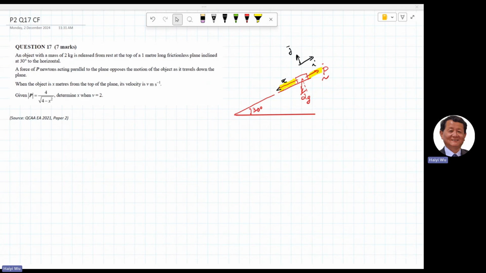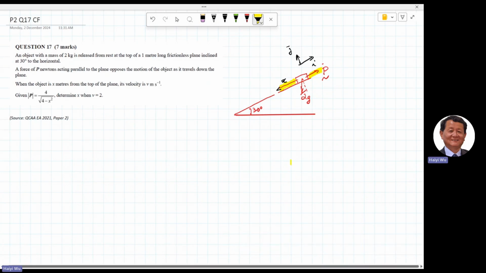We've got an object with a mass of 2 kg, at rest, then released from rest. The total length of the inclined surface is 1 meter.